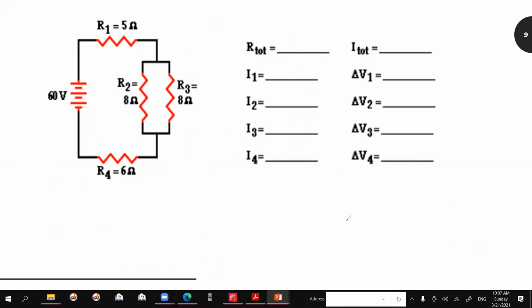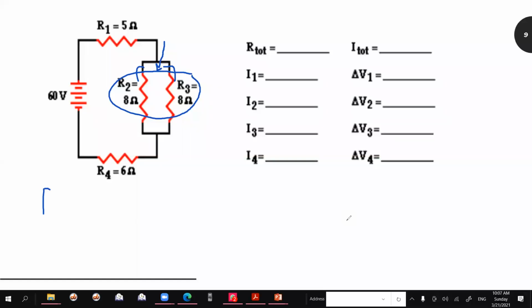Before that, look at R2 and R3. They are parallel to each other, because when the current enters the circuit, it has 2 paths. So R2 and R3 are connected in parallel.